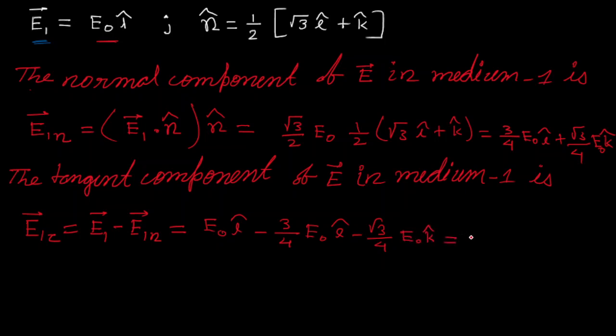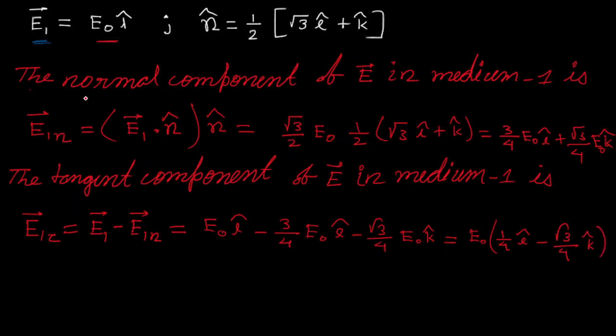So this will give you E naught into 1 by 4 i cap minus root 3 by 4 k cap. Okay, so this part is done.